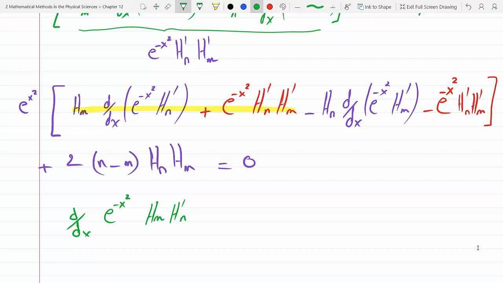So this is the product rule for that. Okay, in other words, we could group this h prime n with e to the minus x squared.